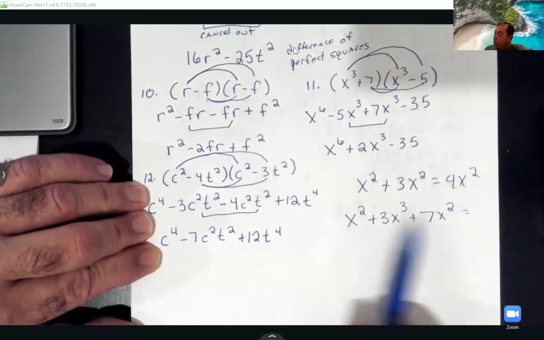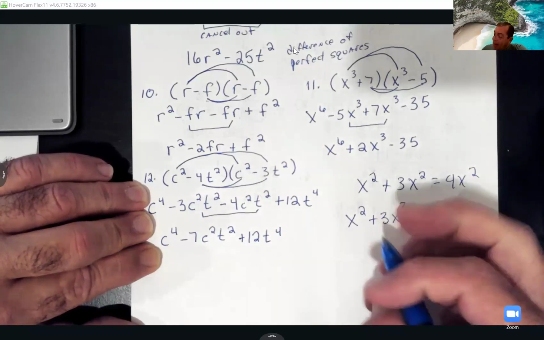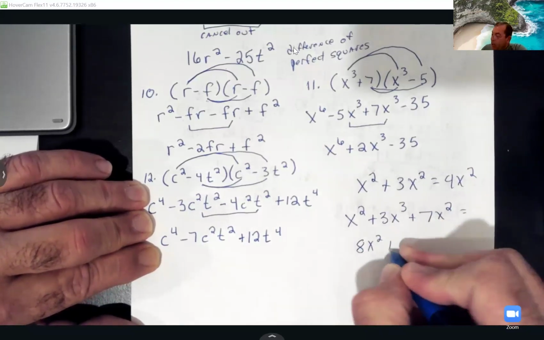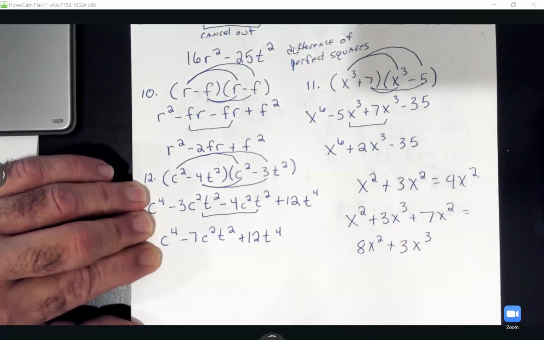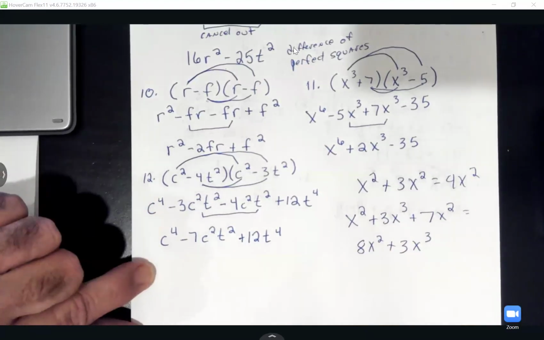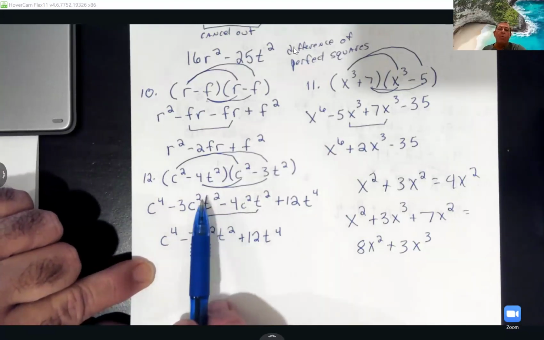So I would have 1x squared and 7x squared give me 8x squared, plus my 3x cubed. And that's why in number 12 it wasn't added together.